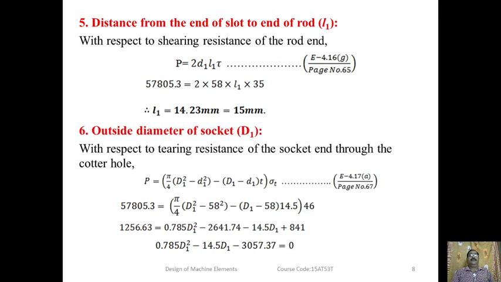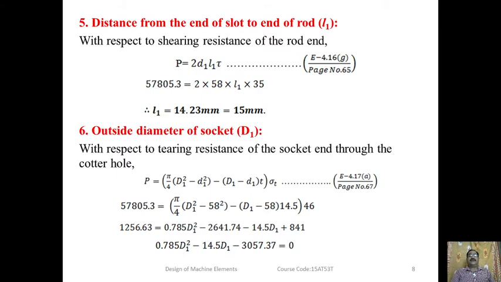Fifth step, distance from the end of slot to end of rod, that is L1, can be calculated by using the equation 4.16g, again on page number 65. So the value of L1 becomes 15 mm. Similarly, the sixth step is outside diameter of socket, d1.